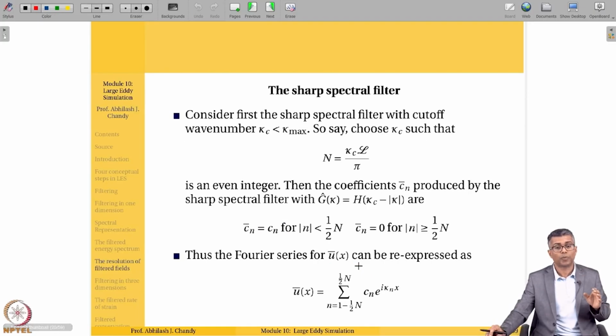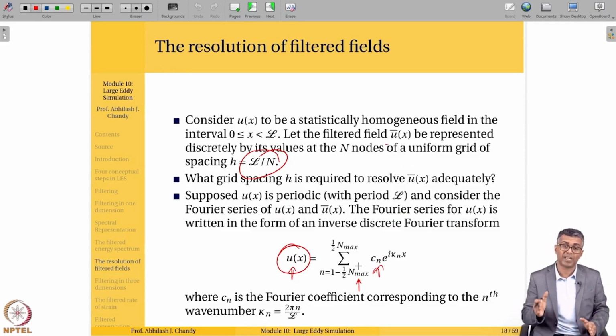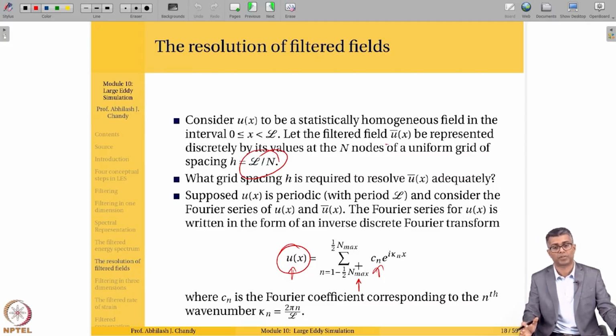So here what we have done is we have considered what if it is direct numerical simulation, right? And then you have n max number of grid points in each direction. Here for the purposes of discussion we are only considering 1D. And we have n max being the total number of points in one direction, and kappa max is the wave number corresponding to the total number of points.